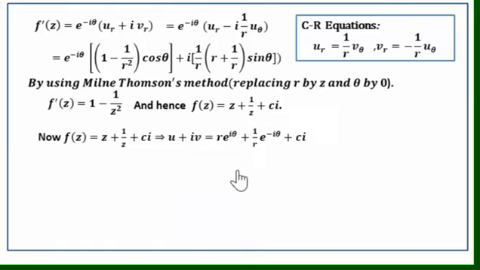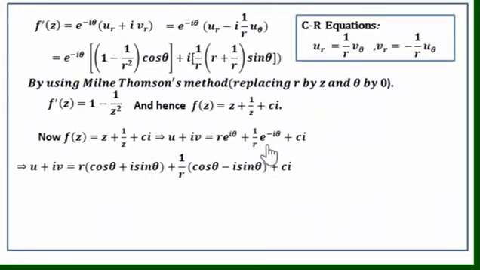Next, we have to write the right side as the sum of real part plus imaginary part. So we use Euler's formula to expand e power i theta and e power minus i theta. E power i theta is cos theta plus i sin theta, and e power minus i theta is cos theta minus i sin theta.